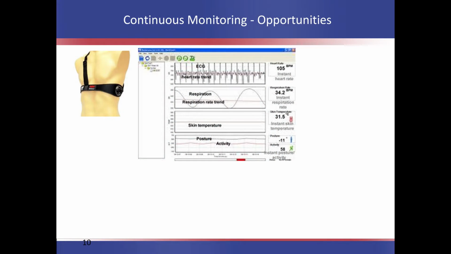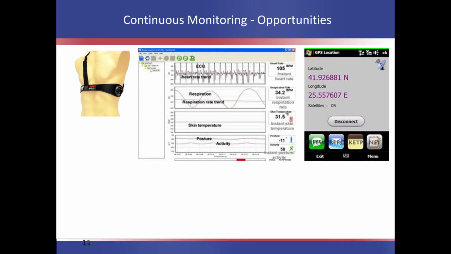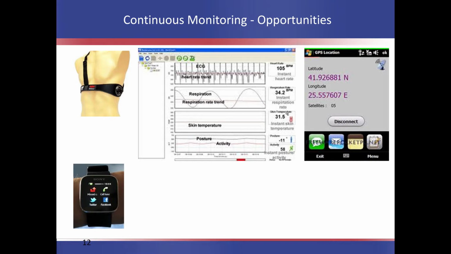So there are a variety of sensors that are now emerging, which can be used for monitoring of the behaviors. There is an ECG sensor which can be used to infer stress. There is a respiration sensor that can be used to infer smoking or eating behavior or conversation behavior. Then GPS can help infer the exposure to the environment and the current context surrounding the person. Smartwatches have recently emerged, and they can be immensely helpful.